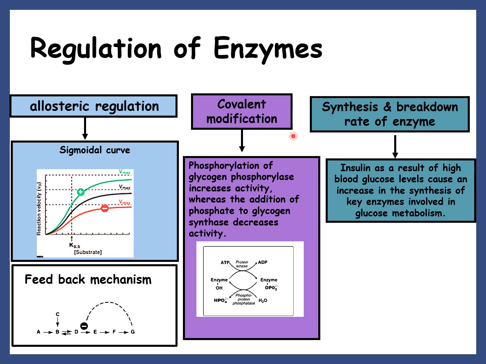For example, insulin in the presence of high glucose concentration causes an increase in the synthesis of the enzymes involved in glucose metabolism because they are needed now. So the insulin is present, it's sensed that there are high glucose levels available, and the body should synthesize more enzymes involved in glucose metabolism, right? This gives another layer of control or regulation for the enzymes in our body.